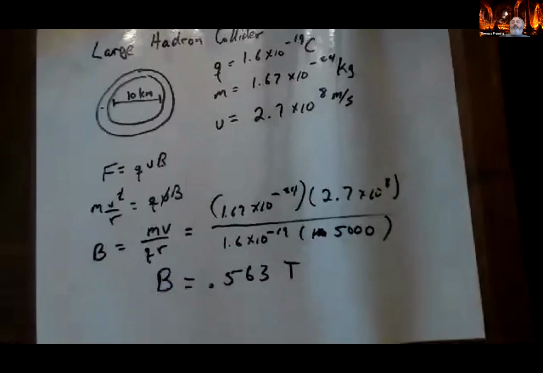Now, is that a lot? We should probably get a sense of what the size of a Tesla is. When you think of magnetic fields, you almost certainly think about the things that stick to your fridge. Those have a magnetic field of probably a few hundredths of a Tesla.